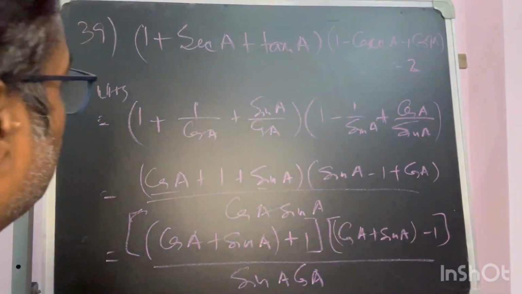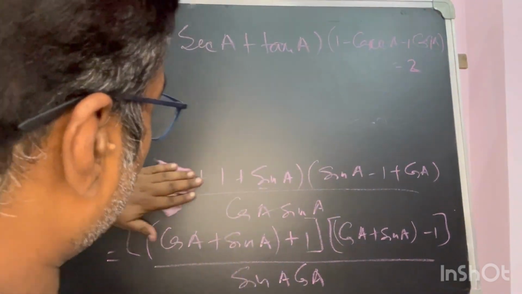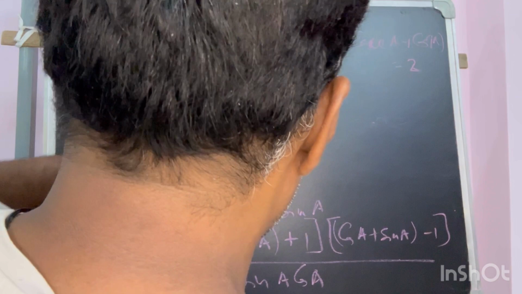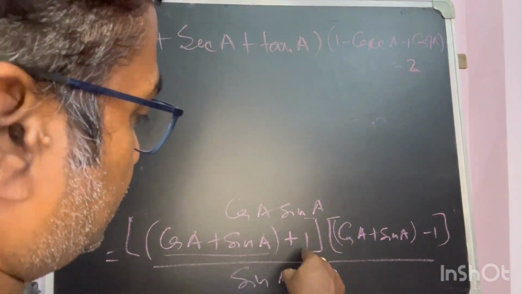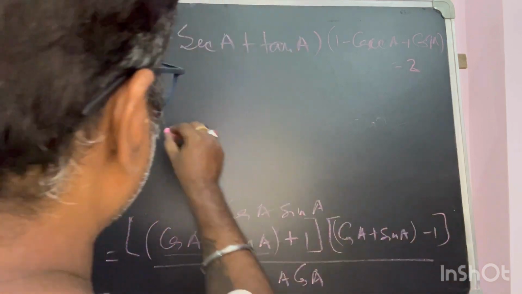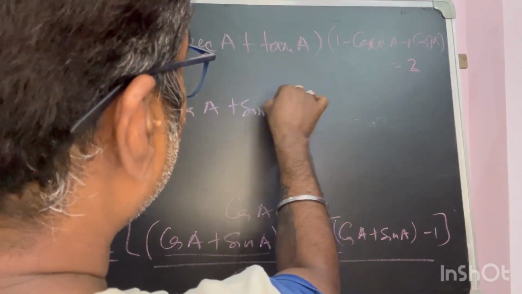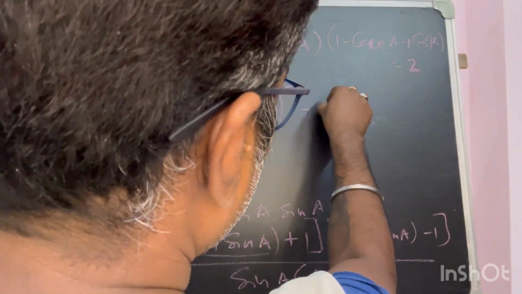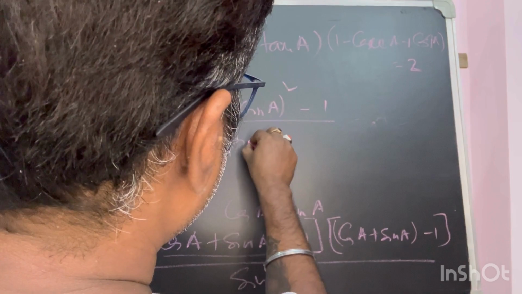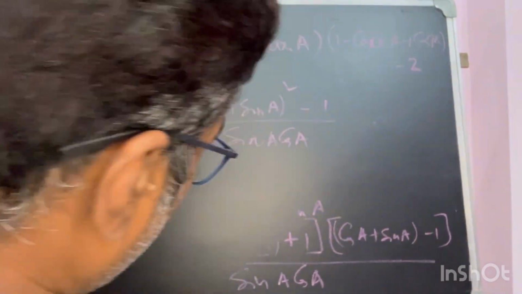This can be written in any form. So now further, if I take it as a single term, a plus b, a minus b is a square minus b square, and the denominator will be like that only.